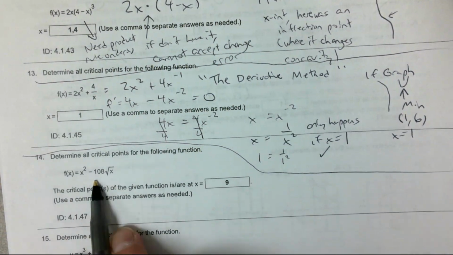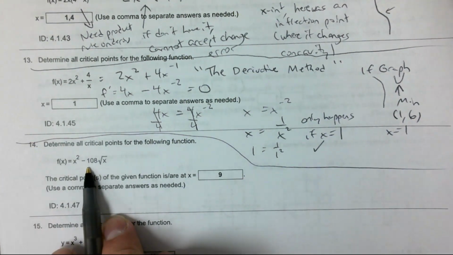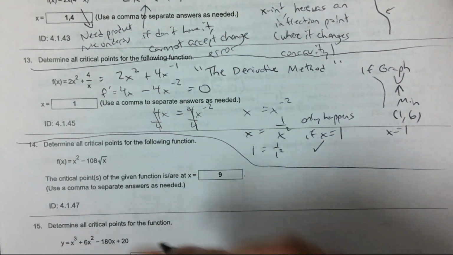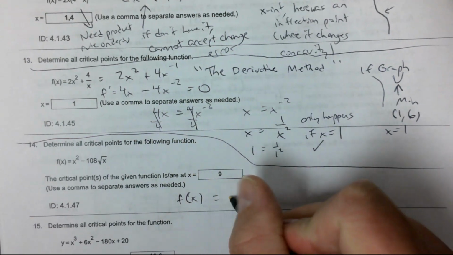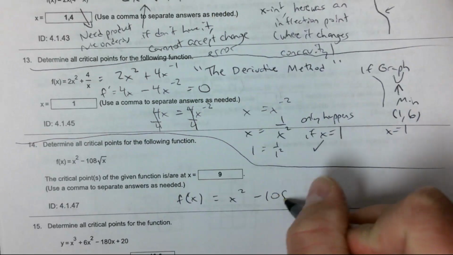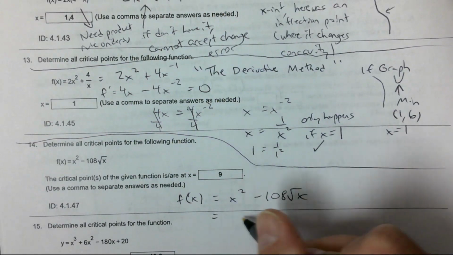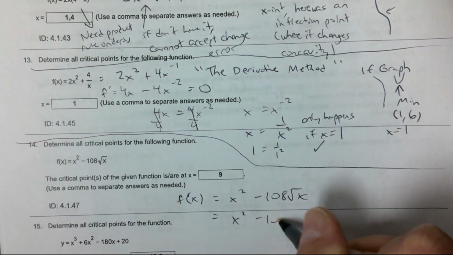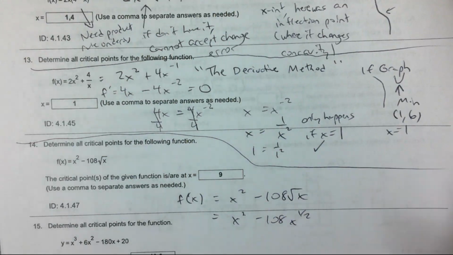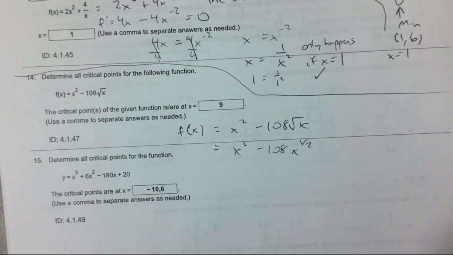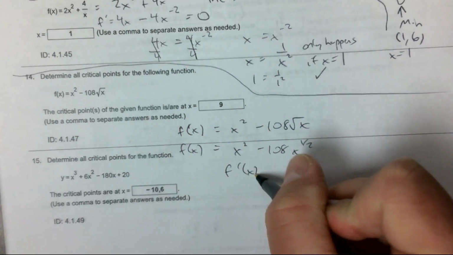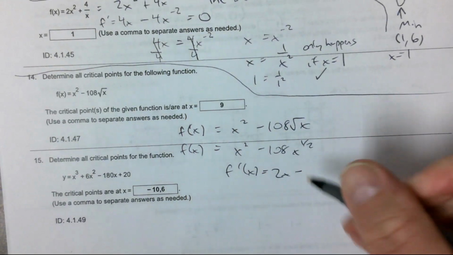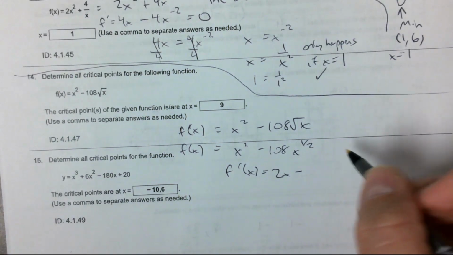So now on this one, the derivative, well, let's just do f of x first. We have x squared minus 108 square root of x. Let's call that x squared minus 108 x to the half. So that's f of x. Now for f prime of x, that'd be 2x minus, remember how to do this?